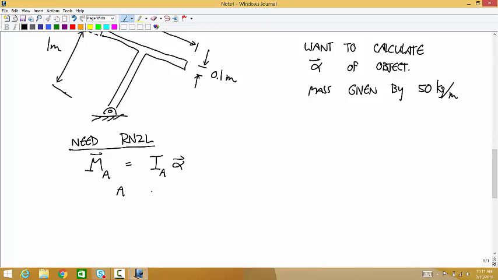And A is either a fixed point in an inertial coordinate system or the center of mass. Any case where there's a fixed point, we want to use that as the about point. Is there a fixed point in this case? Yes, so we want to make the pin down there our about point.